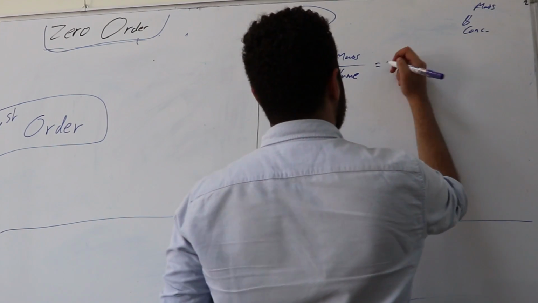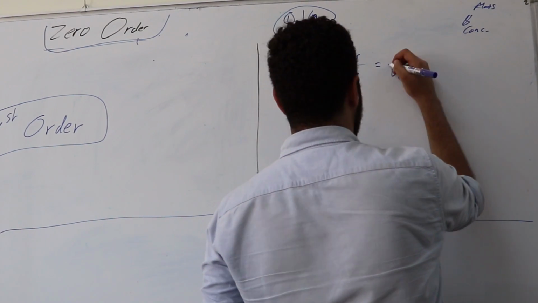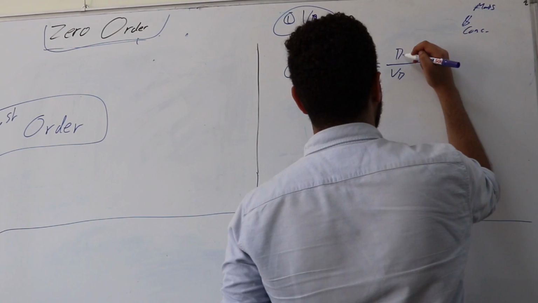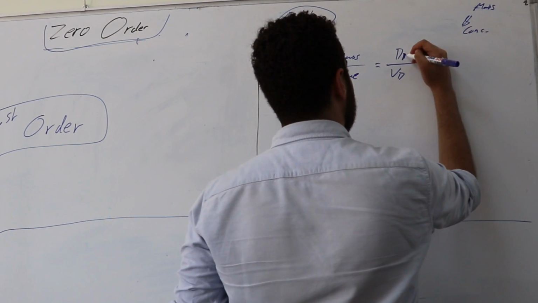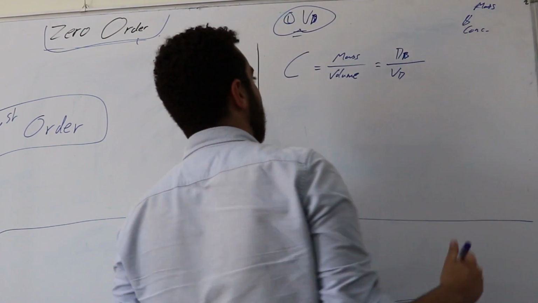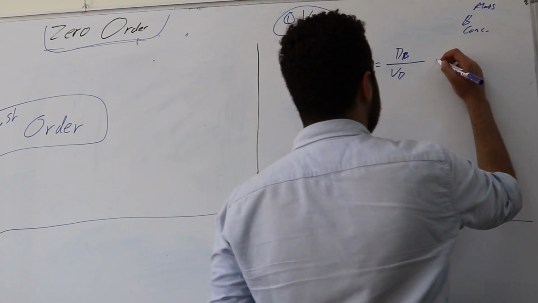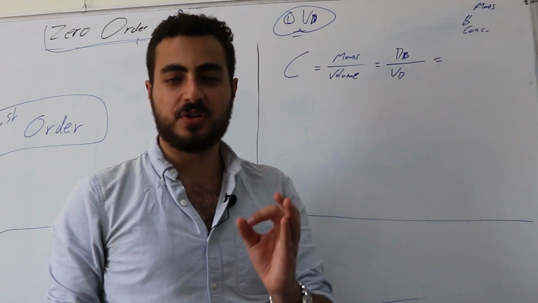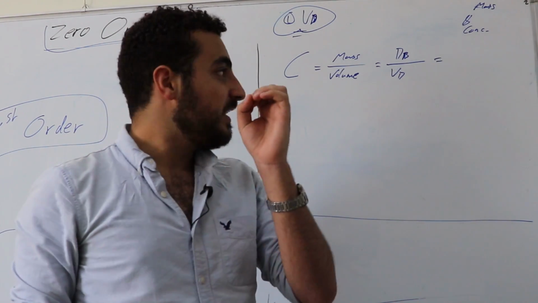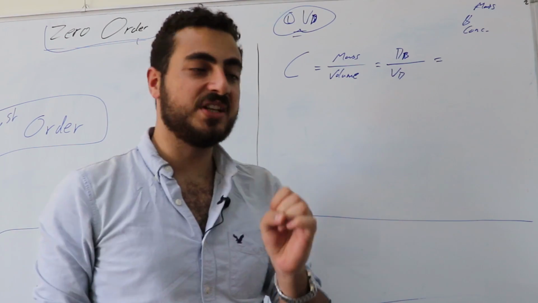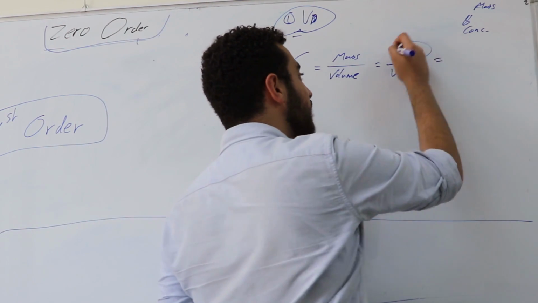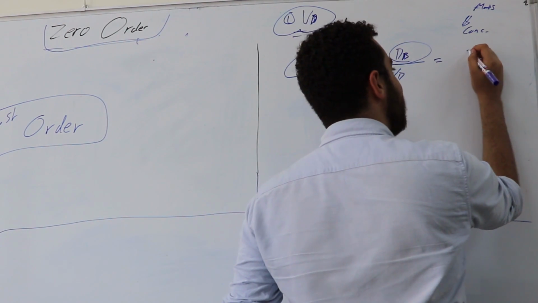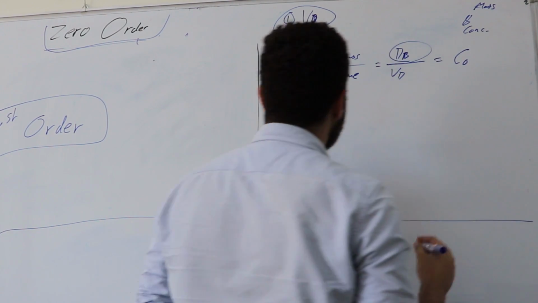And the volume here is the volume of distribution, and the mass is the amount of drug administered, the dose administered. And the concentration is the plasma drug concentration. But which plasma drug concentration? The drug concentration at the time when this dose was administered. So it would be the initial plasma concentration.